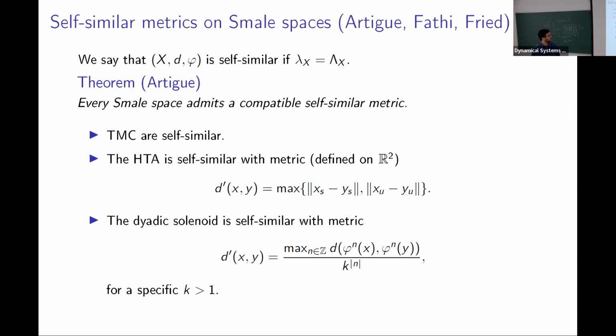Yes, I understand. But I should maybe mention that Artiga did not construct those metrics in the sense of visual metrics, because he didn't show Ahlfors regularity. Whenever you have an Ahlfors regular space, you can construct, using dyadic decompositions in your space, a graph like that, so that the Ahlfors space is a boundary of the graph.